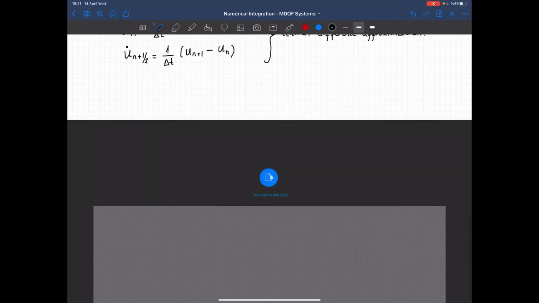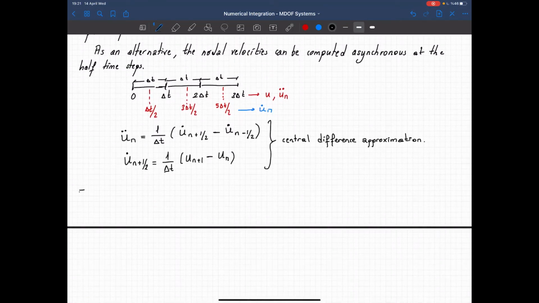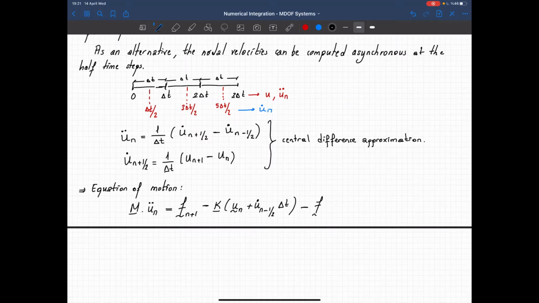So if we just use this approach, our main equation of motion will have the following form: M times the acceleration at n is equal to f n plus 1 minus K u n plus u dot at n minus 1/2 delta t, minus the damping force.